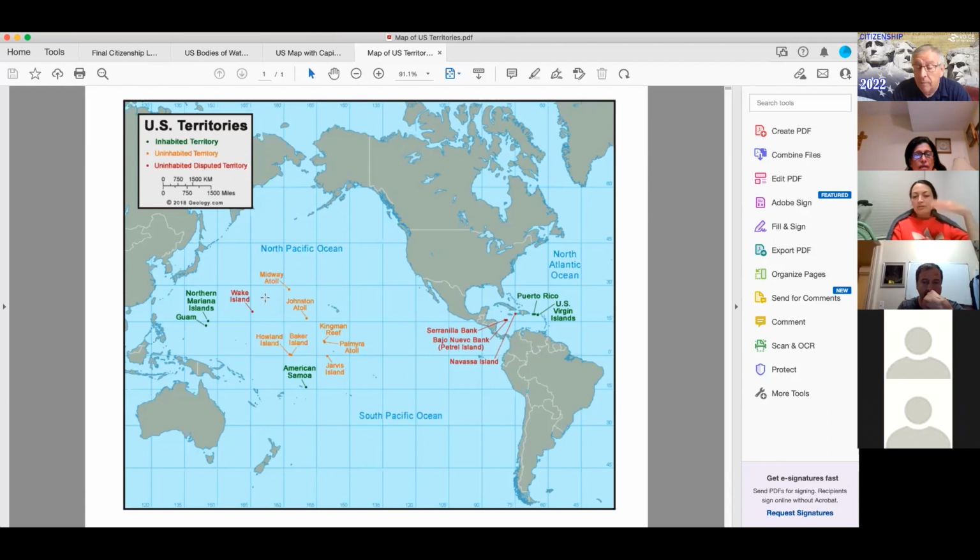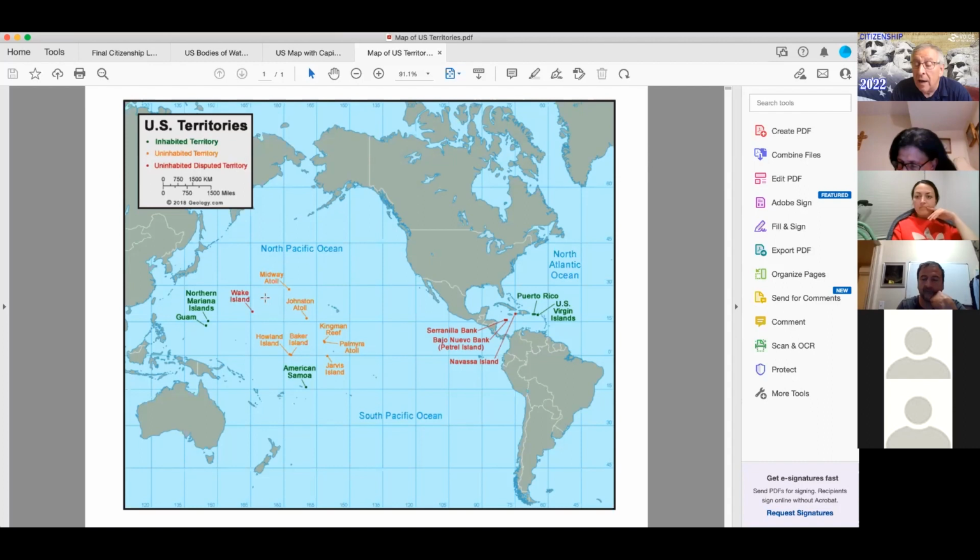By the way, can you explain about territory? A territory is a geographic location that has people living in it that we own and are responsible for. For example, you all live in California.